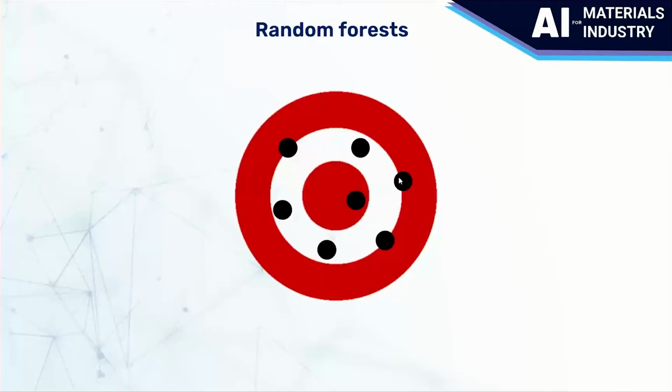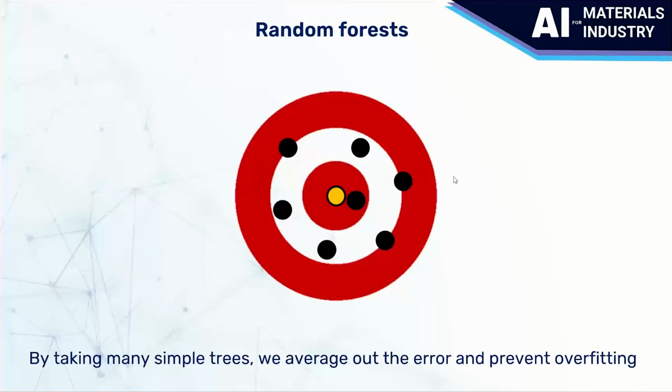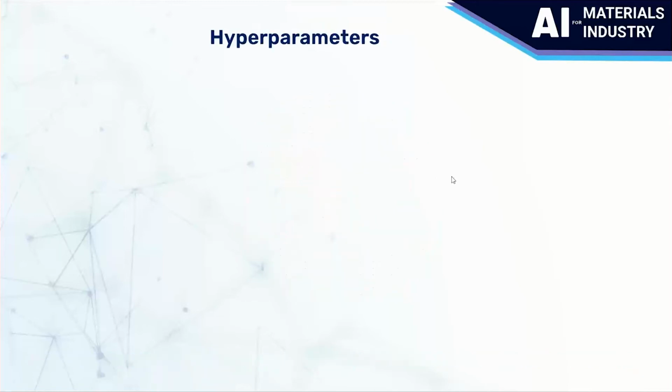And then if you average them, you can imagine that the final result is actually better than each individual one. But for this, it's important that there's a lot of variation in your trees. Otherwise, you will always make the same guess, and of course, your average is not going to improve. So for that, you actually need to induce variation, which we do by varying what we call hyperparameters.